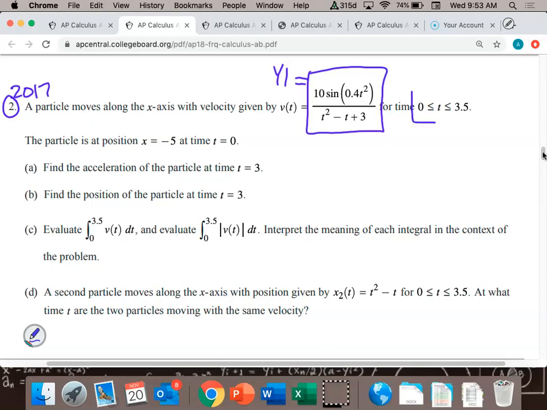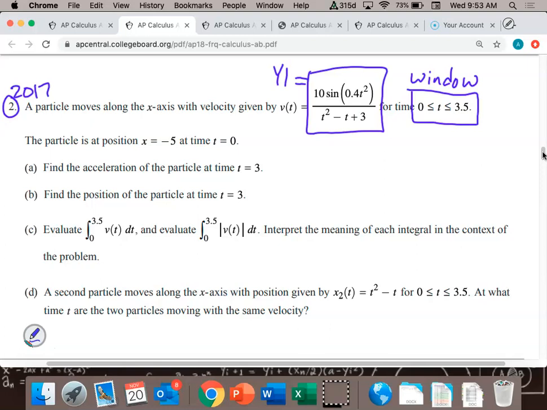Step 2, set your window. Always restrict your window to whatever they say. If they say it's only valid from 0 to 3.5, you should restrict your x values on your window from 0 to 3.5, because otherwise you're going to see stuff that isn't relevant to the problem. It's going to mess you up. So always restrict your window to what they say.